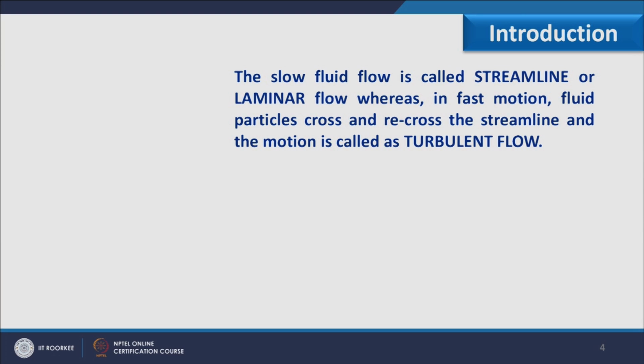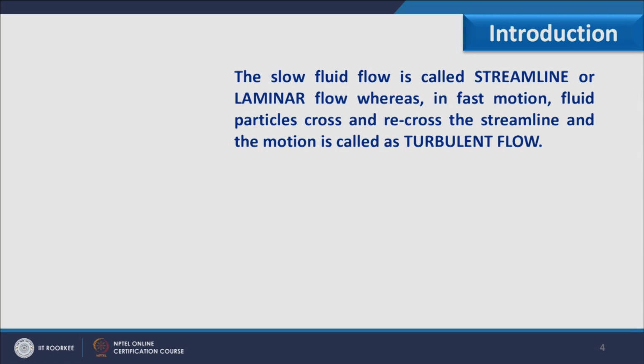Slow fluid flow is called streamline or laminar flow. You understand what streamline movement in laminar flow is: they move in a uniform pattern and do not cross each other, and we say that this type of movement is laminar flow.